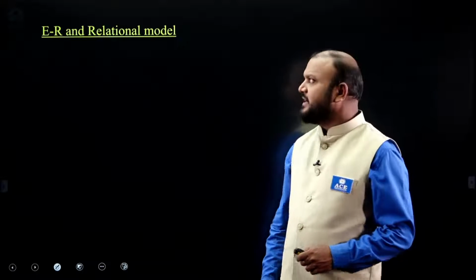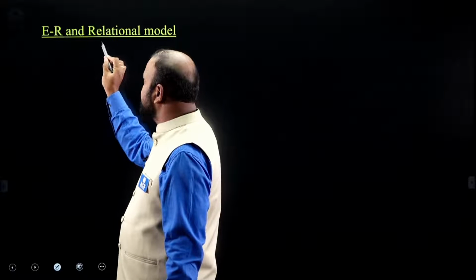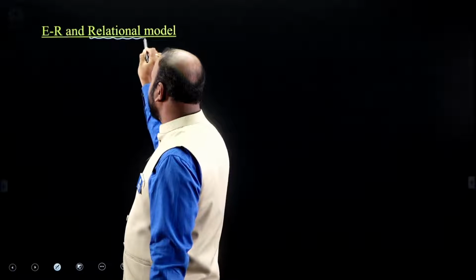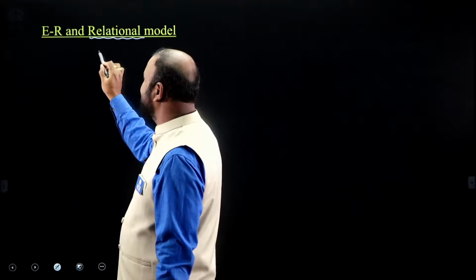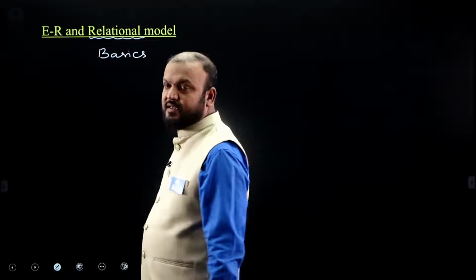Chalo, we'll start with each chapter: where to focus, what the important concepts are, and what the expected topics are. Let us start with ER and relational models. Majority of the times, questions are asked on relational models on the basics, some theoretical questions.